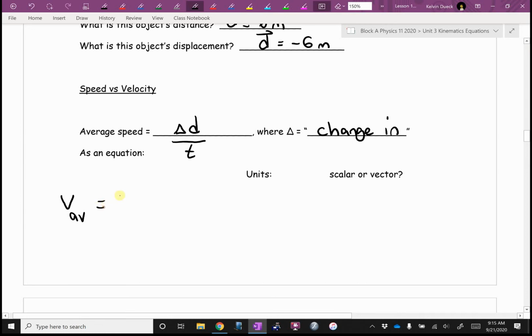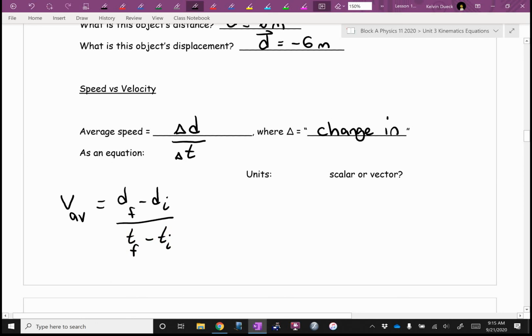And it's going to be, what did you say change in anything was, Kiana? Final minus initial. So it's your final distance minus your initial distance divided by, it's also technically change in time, so time final minus time initial.